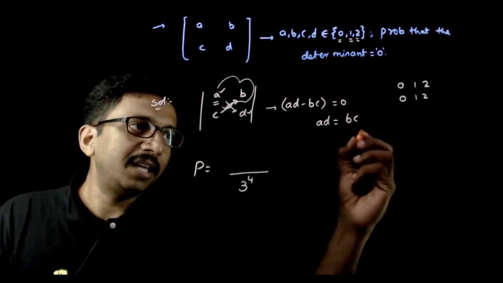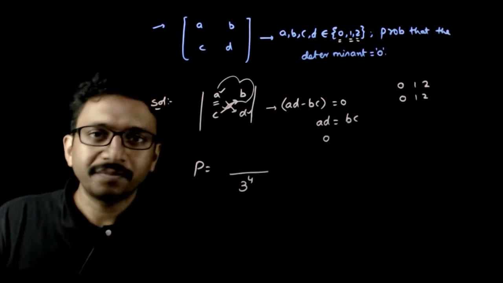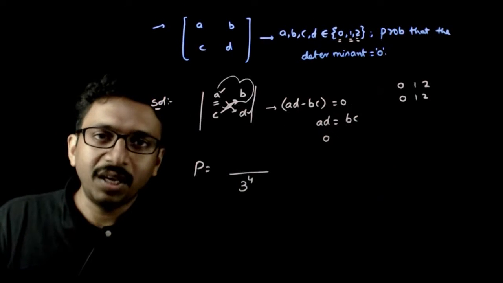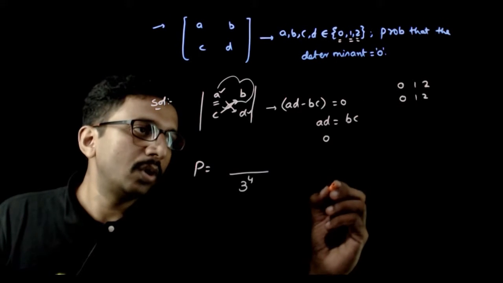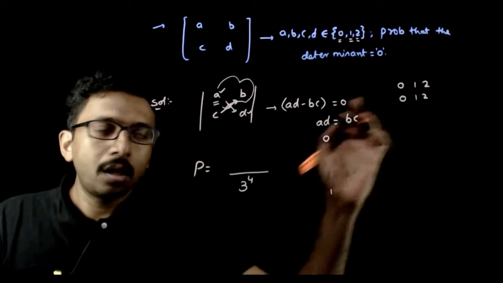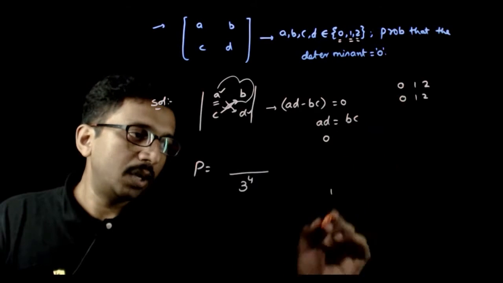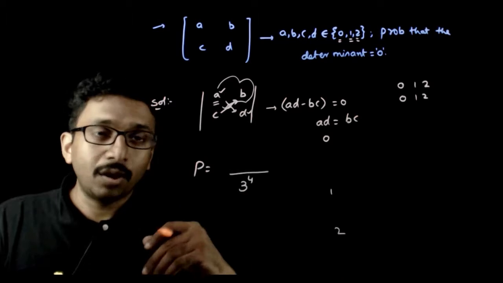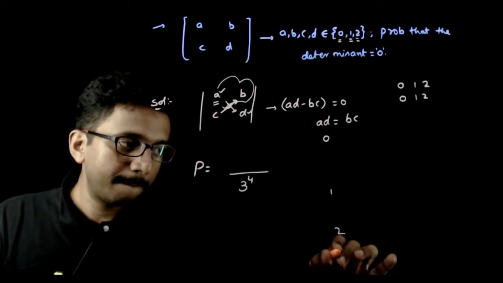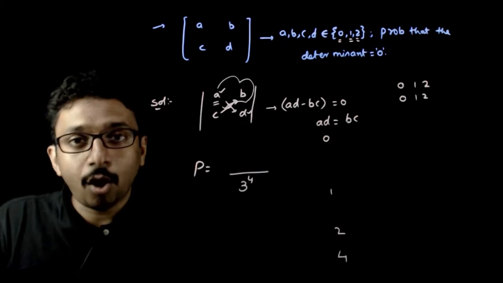A into D can be equal to 0, A into D can be equal to 1, A into D can be equal to 2, A into D can also be equal to 4. So these are the options that you have.